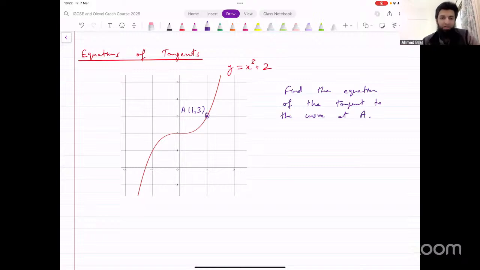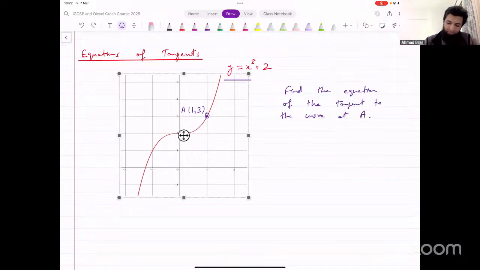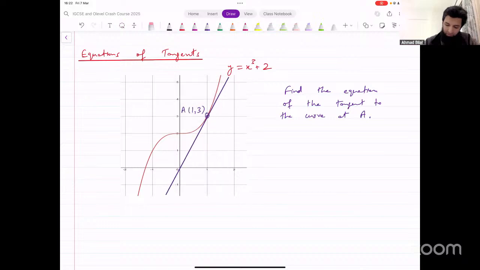Now, what is the tangent going to look like at this point? It would be something like this, right? It would look roughly like this. We want to find its equation.